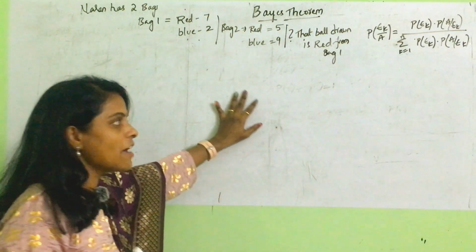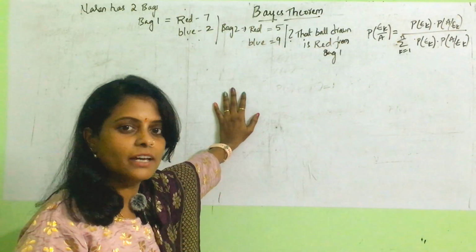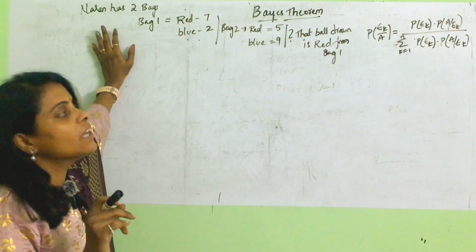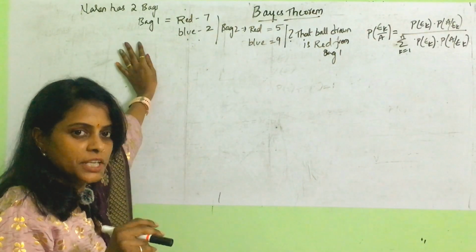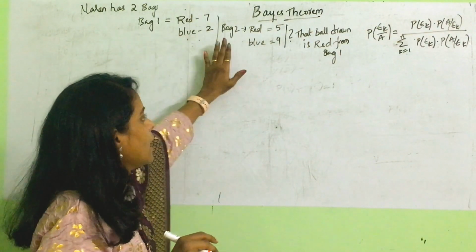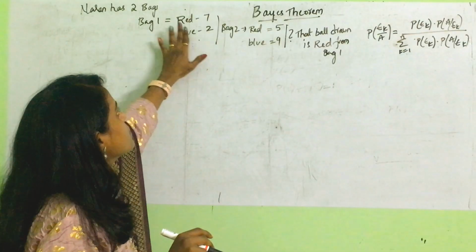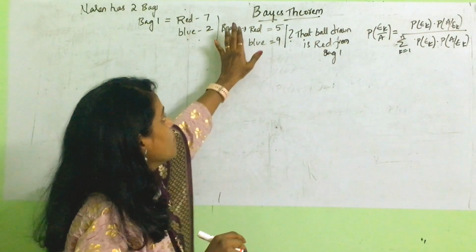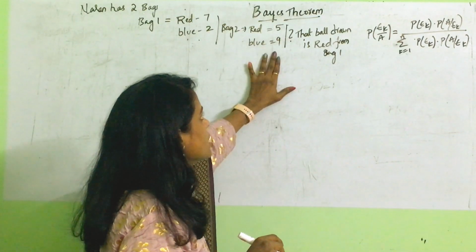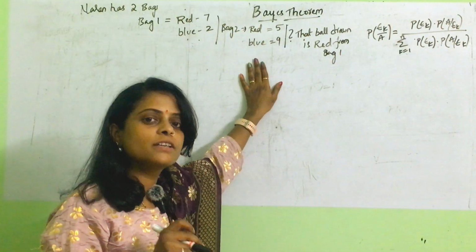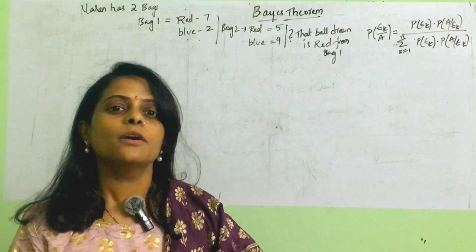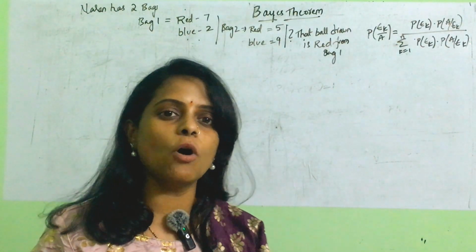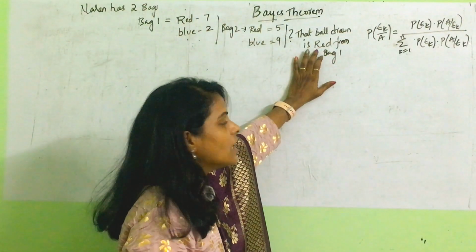We will be having any two exclusive events there. So this is the question which is given. A person, Naren, has two bags with him, bag 1 and bag 2. Bag 1 consists of 7 red balls and 2 blue balls. Bag 2 consists of 5 red balls and 9 blue balls. Suppose Naren picks up a ball at random, and that ball turns out to be red in color.